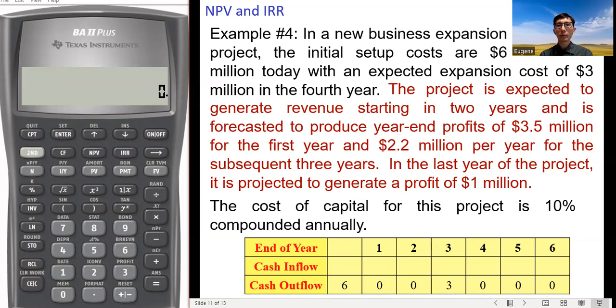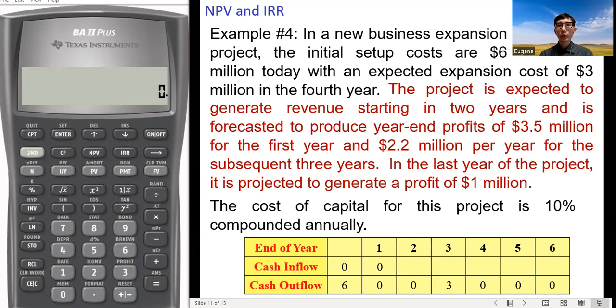And then the cash inflow. Start to generate revenue in 2 years. And the year-end profit is $3.5 million for the 1st year and $2.2 million per year for the subsequent 3 years.